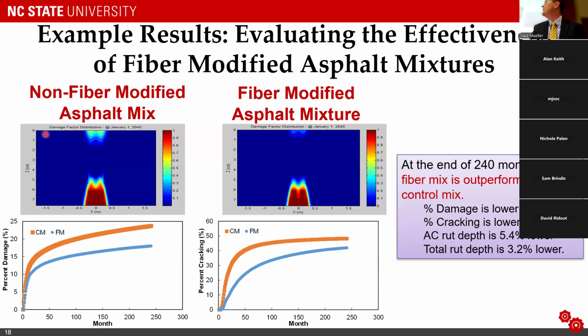And that's because this top layer of asphalt in this pavement is fiber modified, which gives us some benefit. In this particular case, this is not a selling fiber modified asphalt. Just to give you an example of the kinds of comparisons that can be done to evaluate the effectiveness of different material design technologies in balance with structural design and use case.